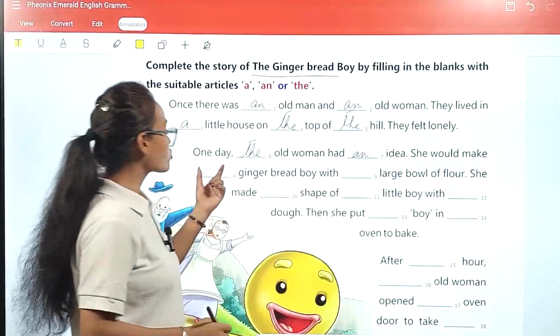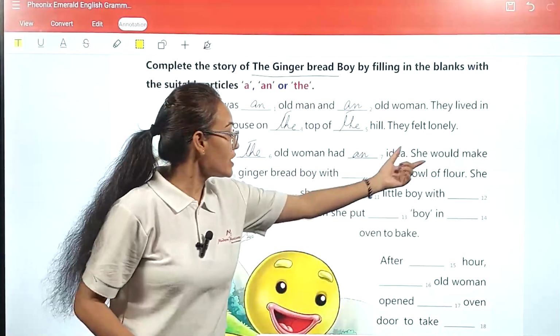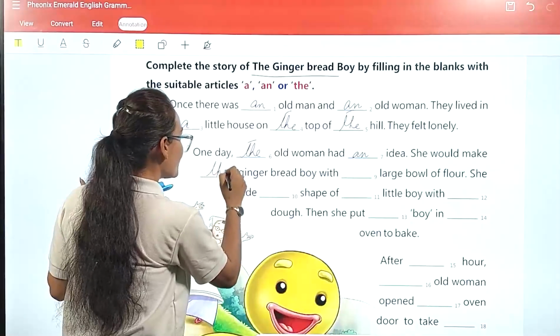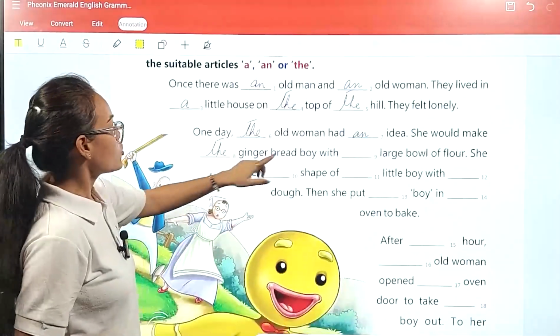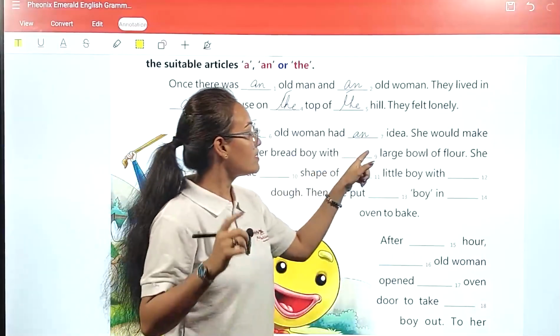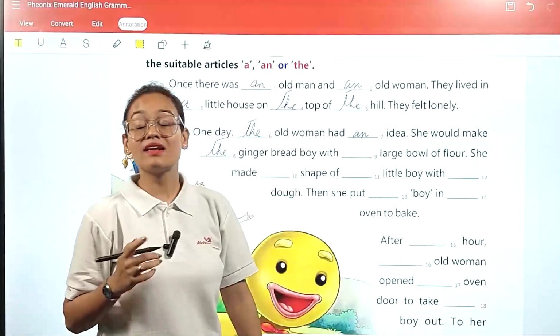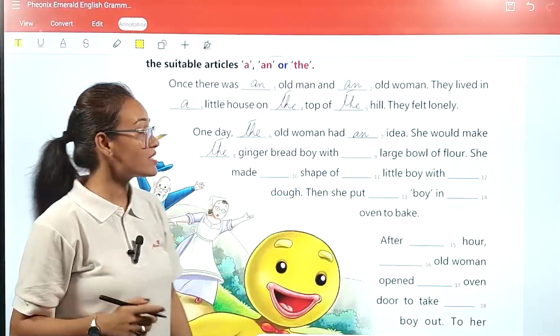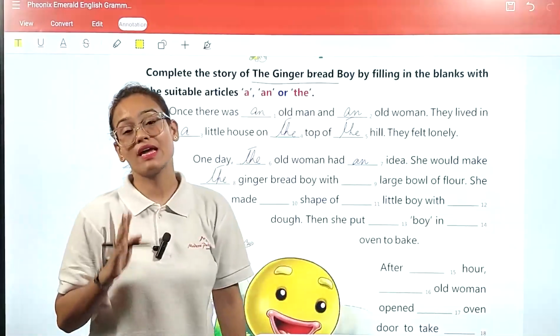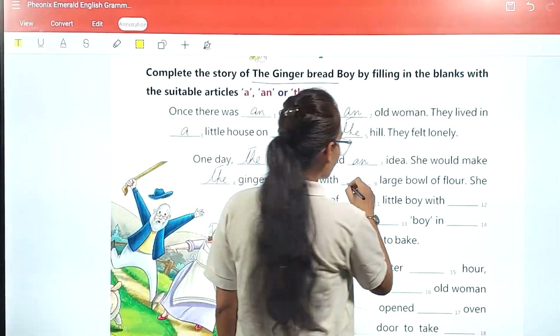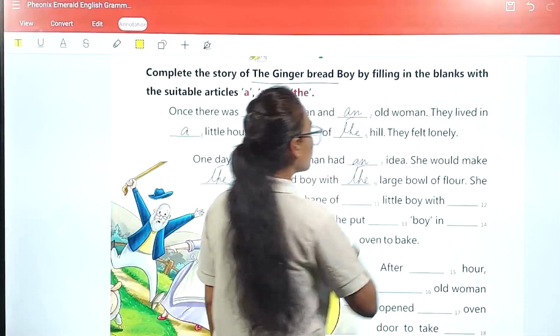So you can write here, she would make the gingerbread. She would make gingerbread with dash large bowl of flour. So L is a consonant sound, but here we are not going to use a. She would make the gingerbread boy with the large bowl of flour.